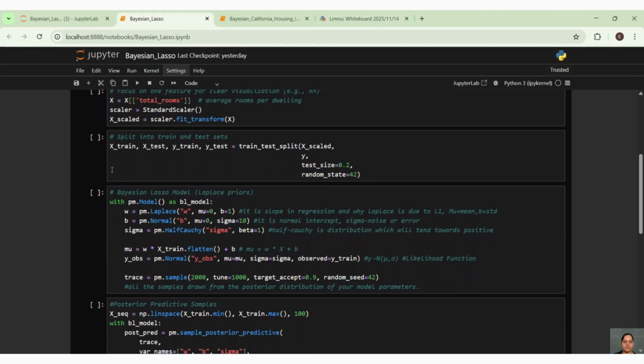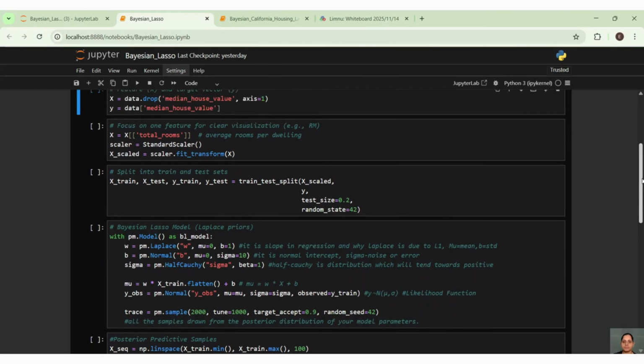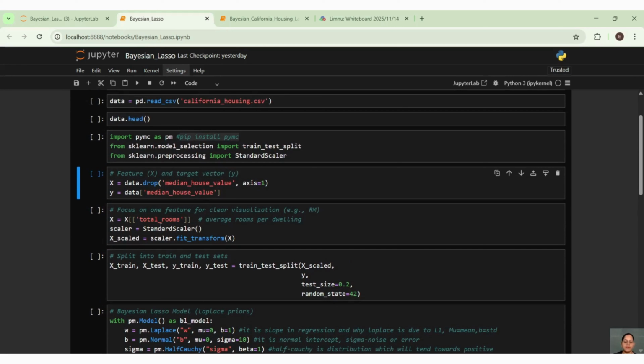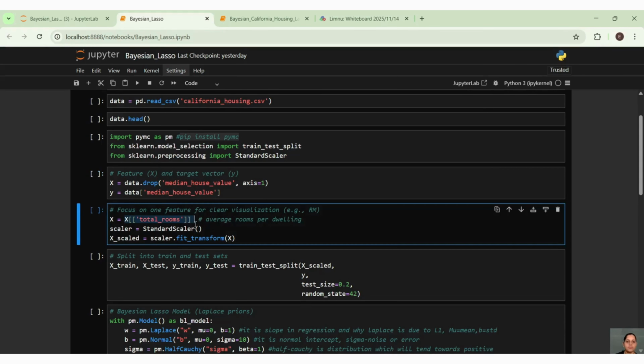First, what we are doing here, guys, is going ahead with the Laplace prior, correct? For that, we are focusing on each feature every time. We will do this exercise for each feature for better understanding. So we are taking total rooms, because we saw that total rooms has a better effect.